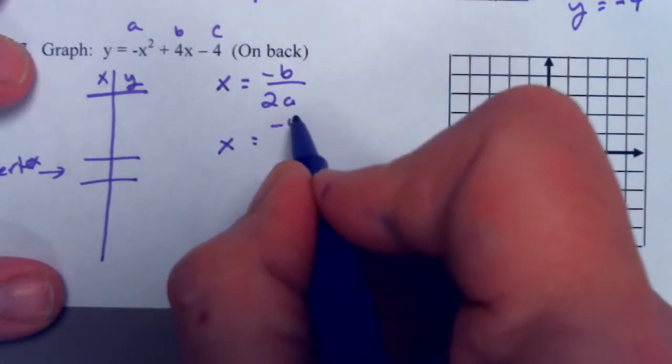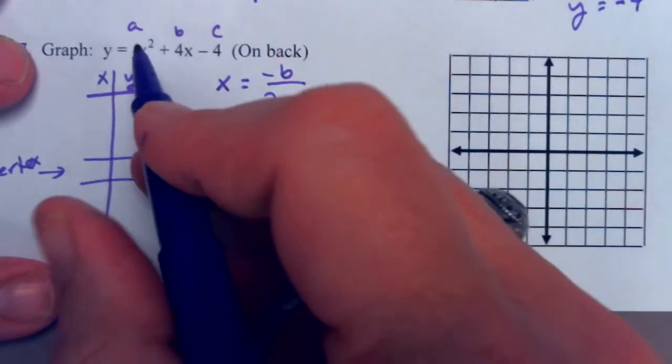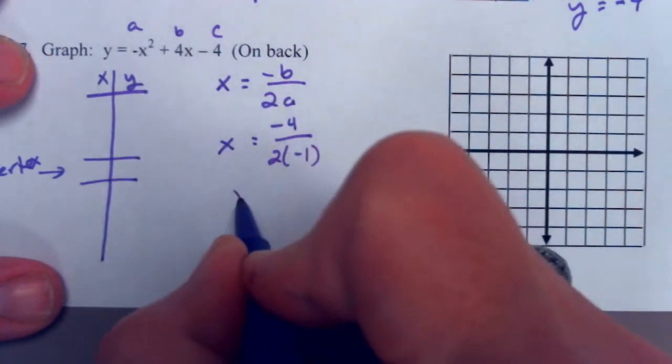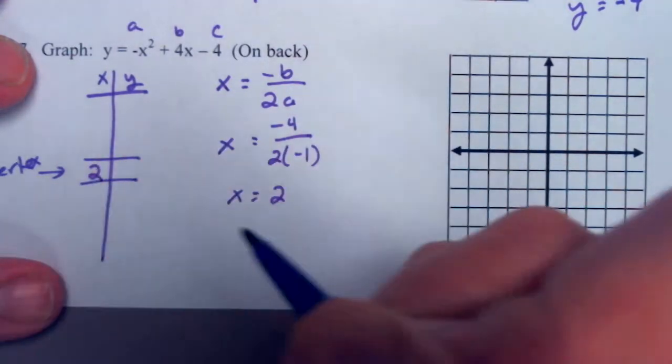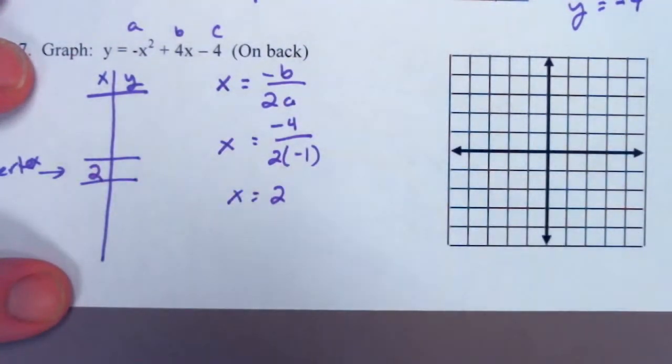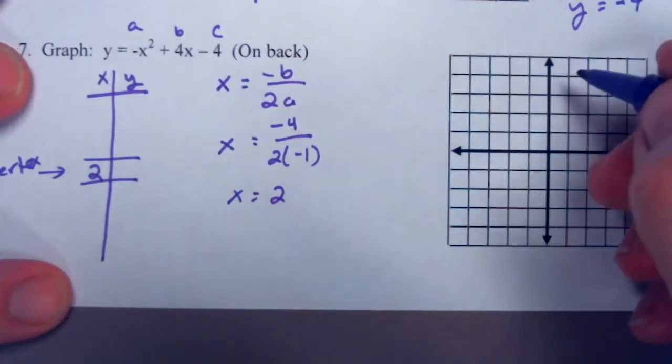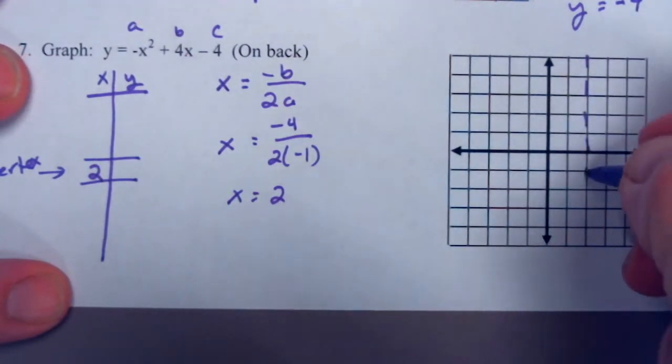So the opposite of b is -4 over 2 times a, which is -1. -4 divided by -2 is +2. That's the x value, and it tells us where the center of the graph is going to be.